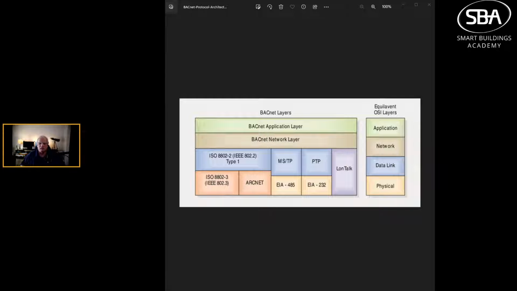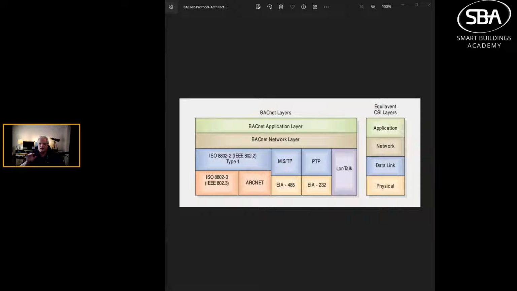So let's look at the OSI layers. Here we have the physical layer, the data link layer, the network layer, and the application layer. And this is the OSI layer. BACnet layers are very similar. So we're going to be focusing on the MSTP level, but let me define for you real quick what these layers are.